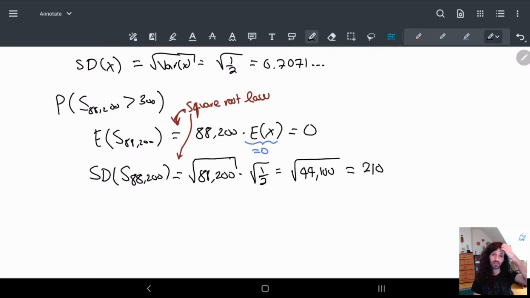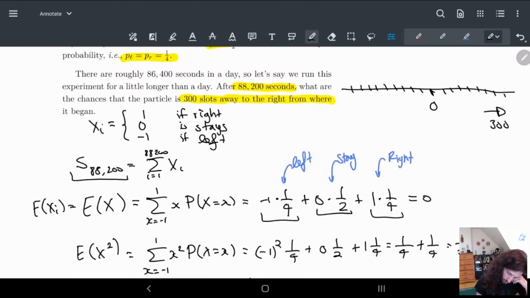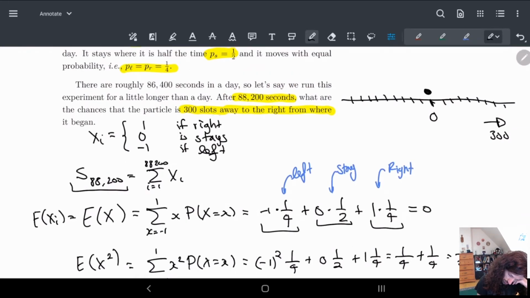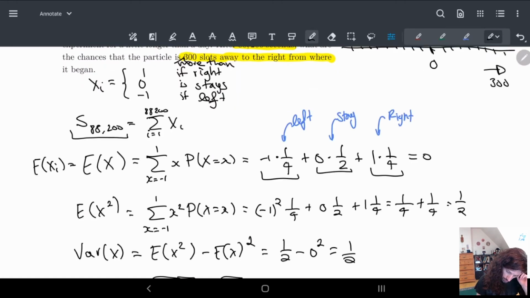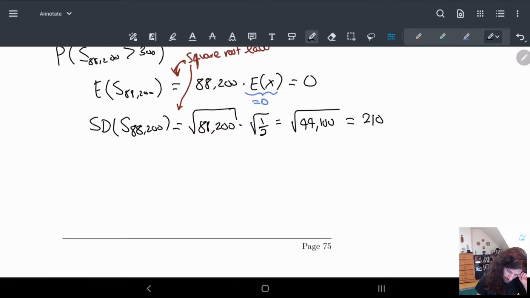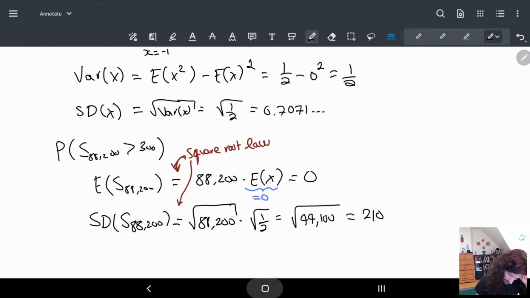So now let's figure out what this is. And so is 300 slots away. I guess I should have said, sorry, is more than. So this is bad writing on my end. More than 300 slots away. So what we want to calculate is this, actually.